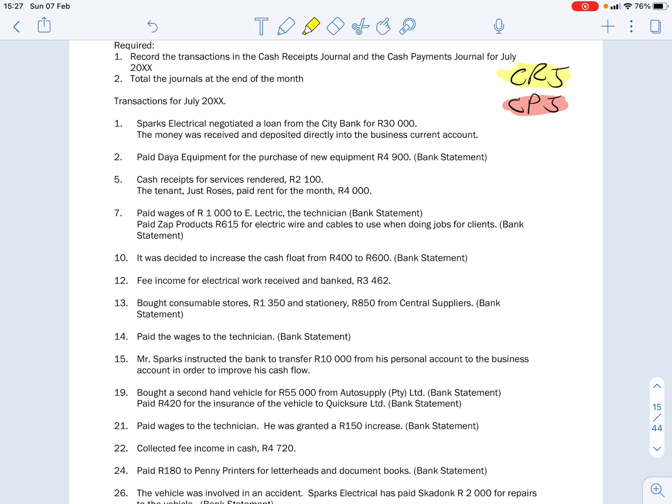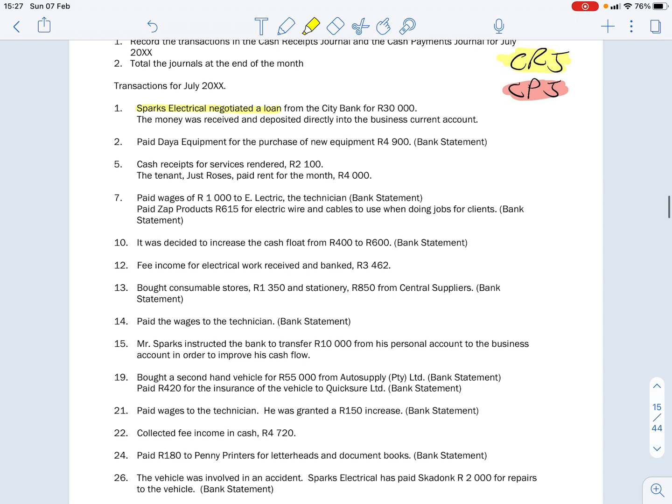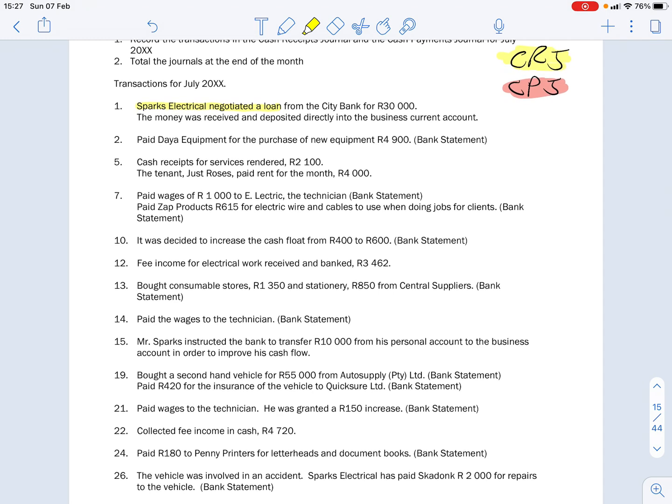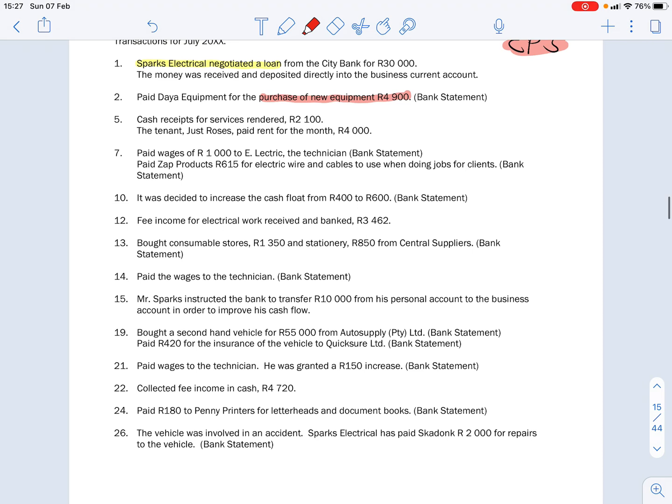Firstly, Sparks Electrical negotiated a loan from the Citibank for 30,000 Rand. This money was received and deposited directly into the business's bank account. So that is in our CRJ. On the 2nd, we paid Dyer Equipment for purchase of new equipment, that is in our CPJ.